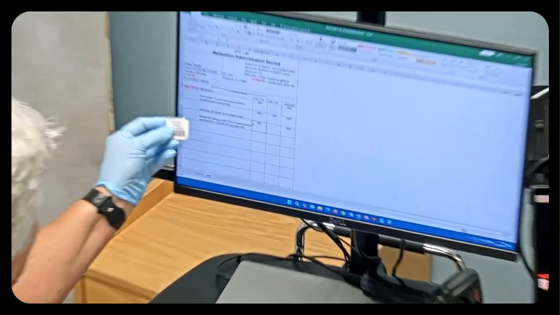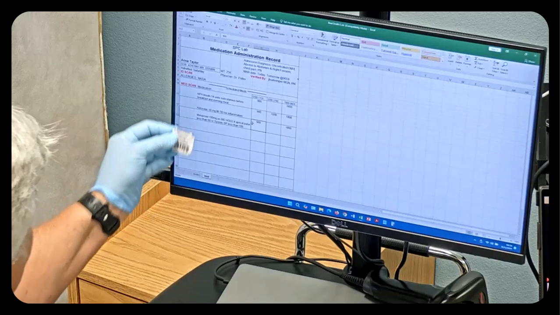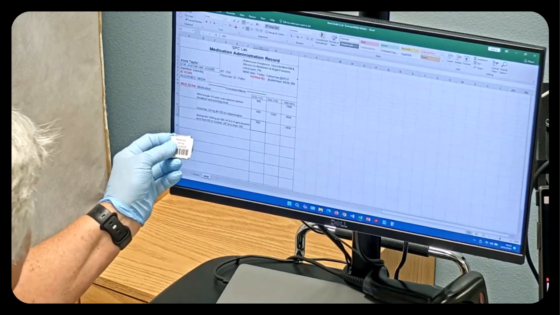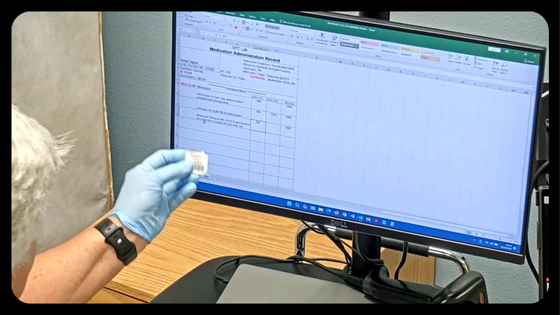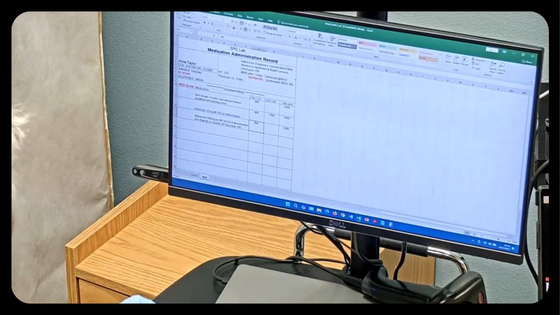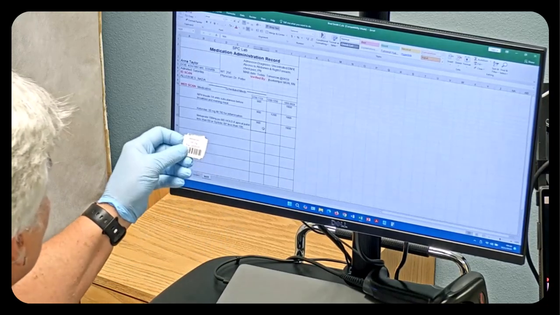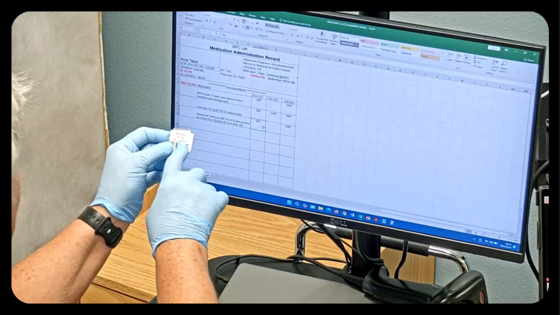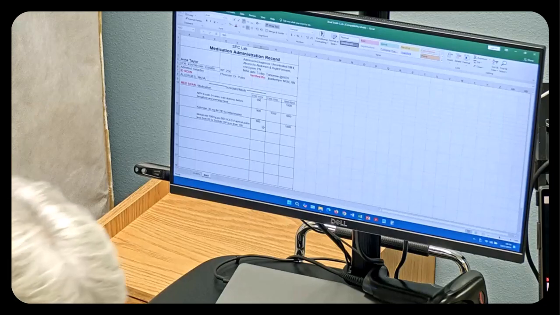And you see I'm holding it up close because there's a lot of look-alike, sound-alike, so I've got to make sure that those are matching, okay? And again, metoprolol 100 milligrams, expiration 2/20/25, and the package is intact.